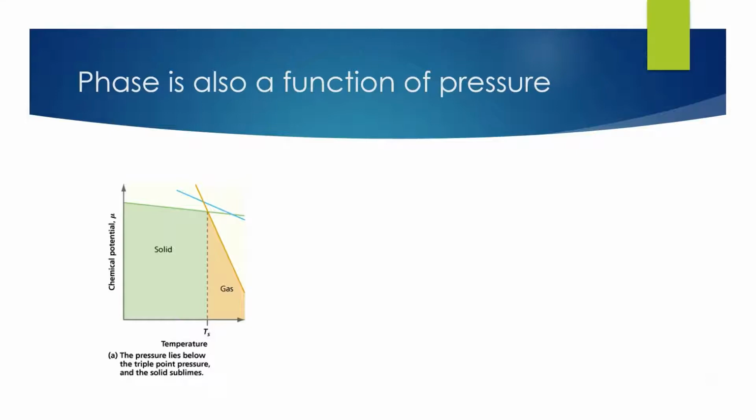That's because at atmospheric pressures, the gas line intersects the solid line before the liquid. So that means there is no point at atmospheric pressure where the liquid phase is more stable than either the solid or the gas phase. So this substance sublimes rather than go through a melting and then boiling point. This is only true at atmospheric pressure.